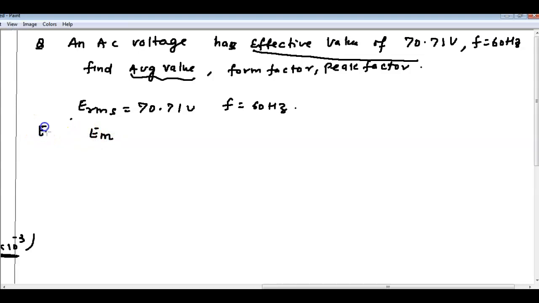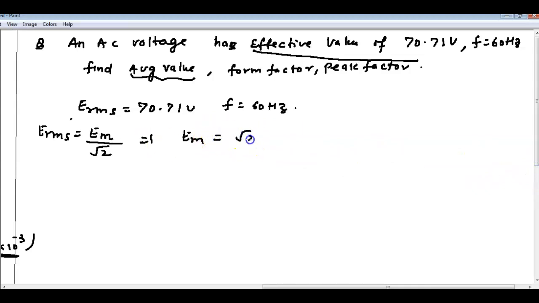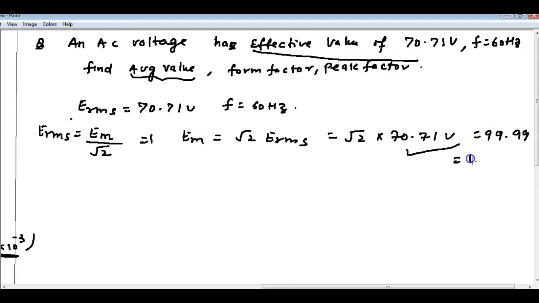We know that E RMS is equal to Em by root 2, so Em is equal to root 2 times E RMS. Root 2 times 70.71 volt. And this root 2 value is 1.414, so you get about 99.99. You can write it as 100 volt only. So Em you got.